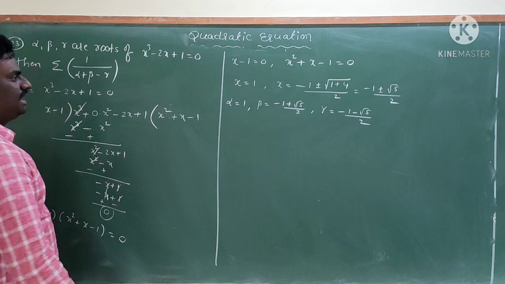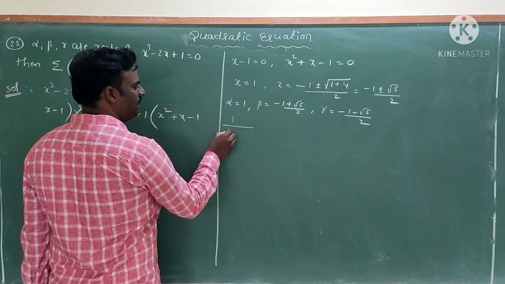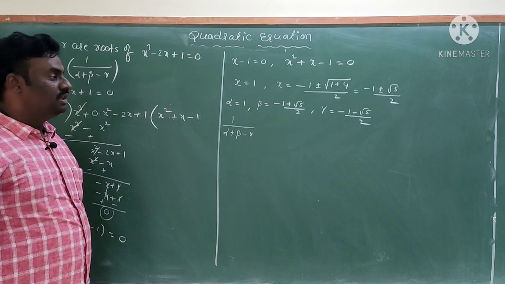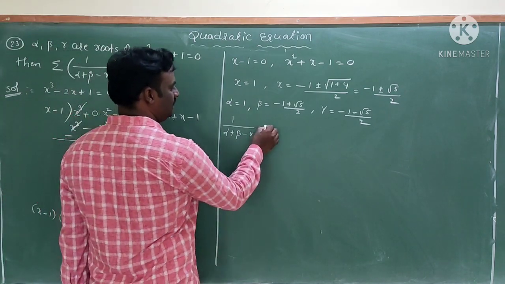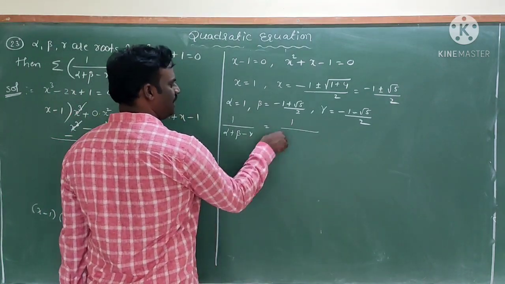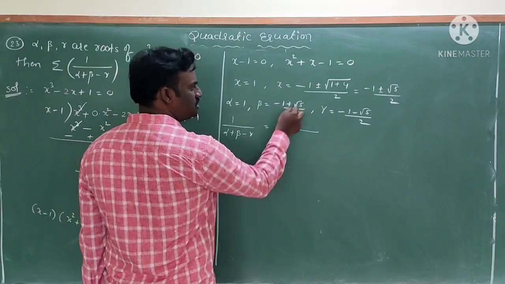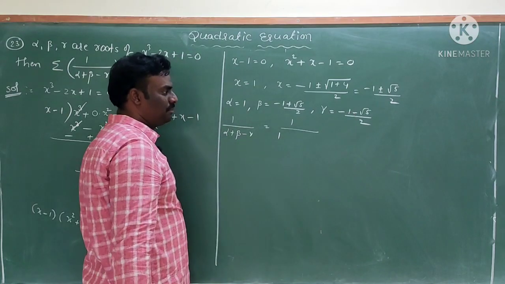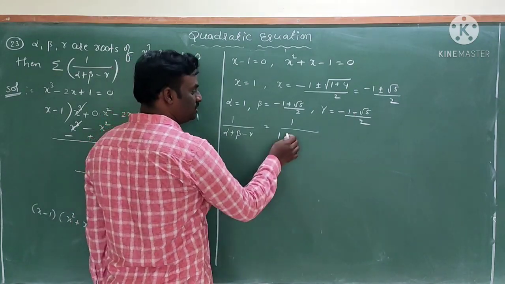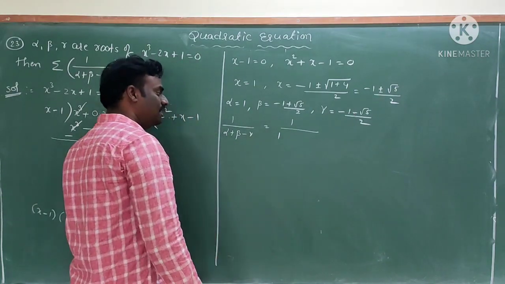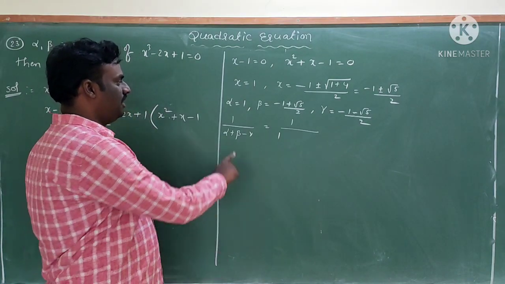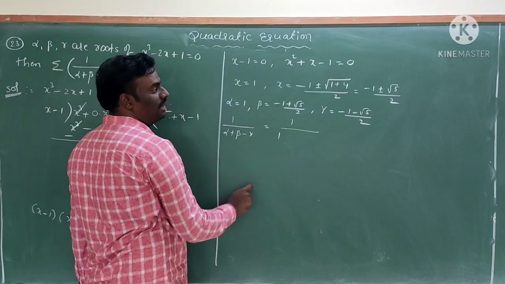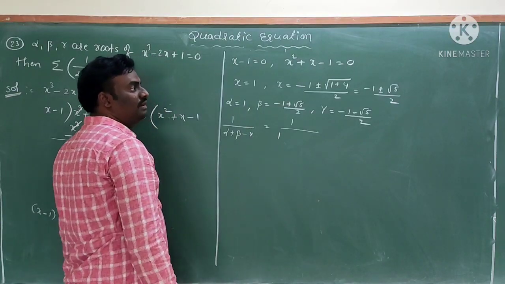So first I am finding 1 by alpha plus beta minus gamma. If you simplify, then 1 by alpha value 1; if you add these two, root 5 cancels, minus 1 minus 1, that is minus 2 by 2, minus 1 we get. See, alpha value is 1, you need to subtract beta and gamma. If you subtract, what will happen?